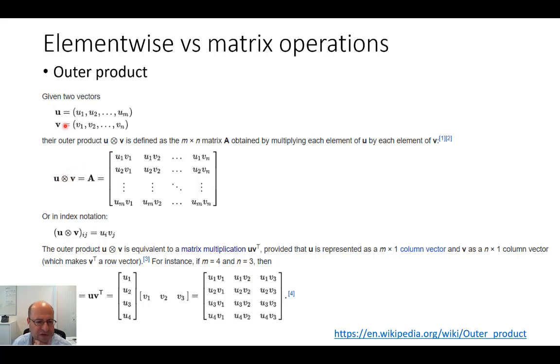What they do is that if I want to multiply this vector with that vector, I get the first element of this vector multiplied by all of the other coordinates of the other vector, creating one line of the result. And do the same thing for every single other element, creating new lines. So that's an outer product.